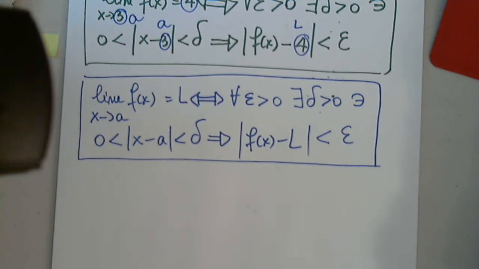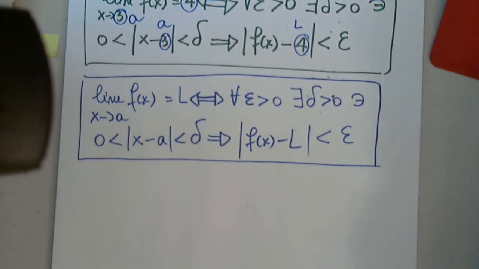It's not D, it's delta. That's the correct symbol. I don't know if there are errors in others, but there is an error here. So use the given graph of f to find the number delta such that.